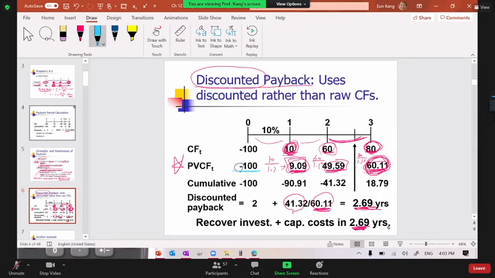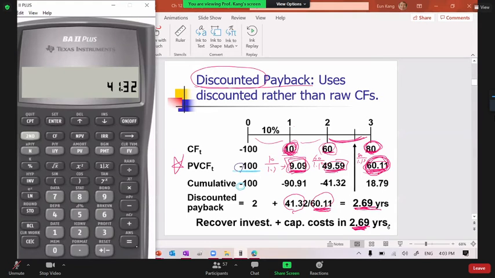The negative means your investment, right? Then you recover $100. So minus means you have to recover, right? Then it's like this, actually. Negative 100, and then you recovered 9.09, so plus 9.09.